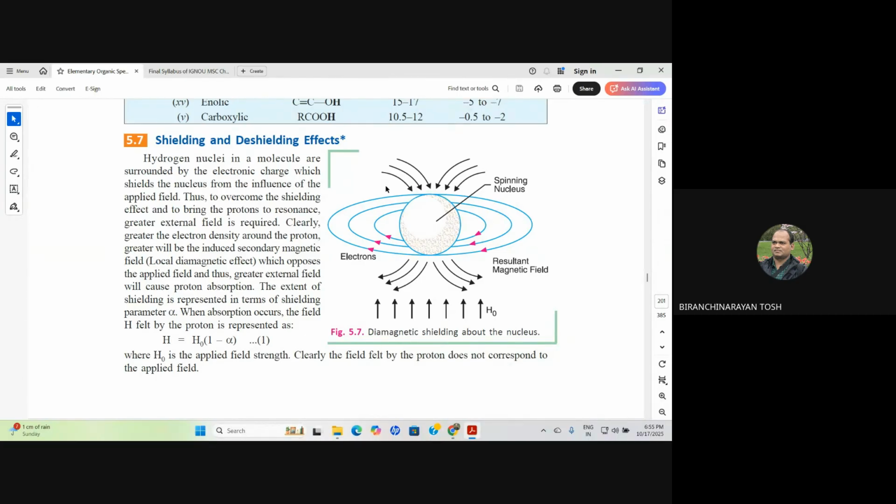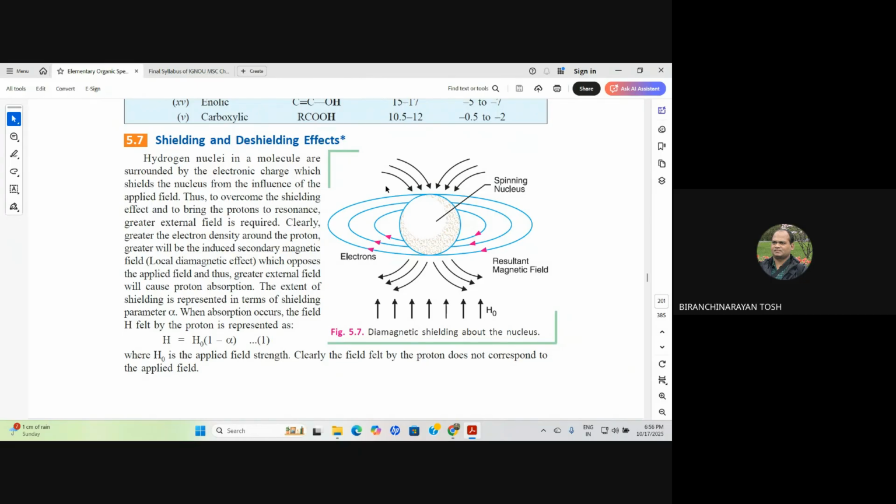Clearly, the greater the electron density around the proton, the greater the induced secondary magnetic field, which opposes the applied field, and thus a greater external field will cause proton absorption.